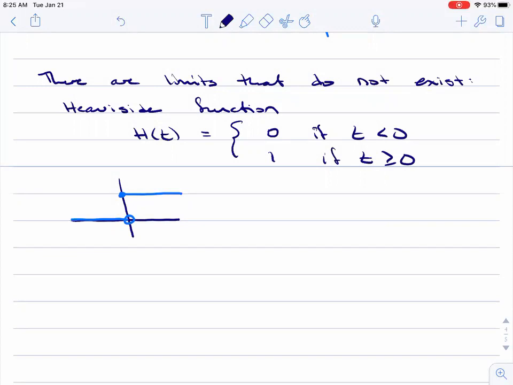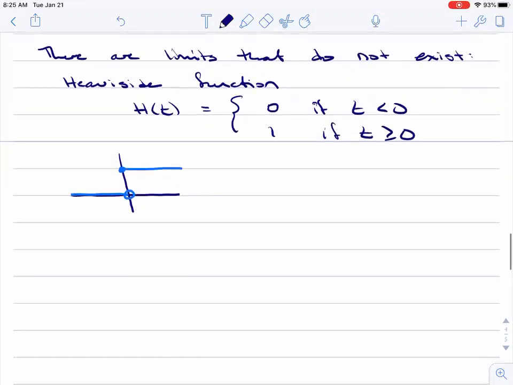And so the idea here is that the limit as t goes to 0 of h of t does not exist, which from here on out, we're going to abbreviate DNE, does not exist.